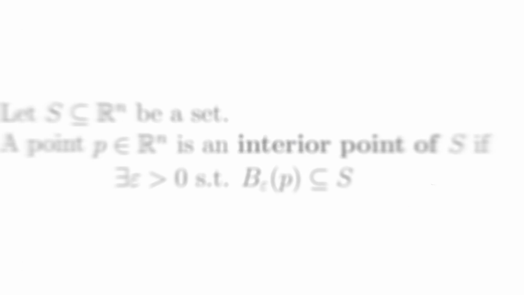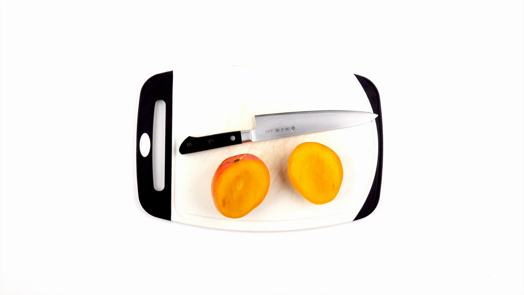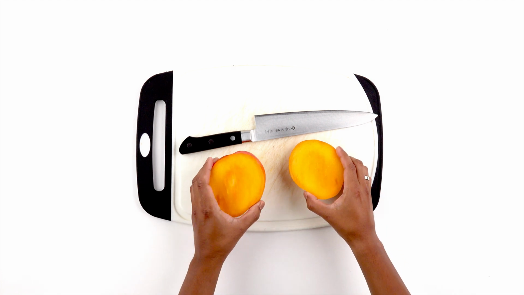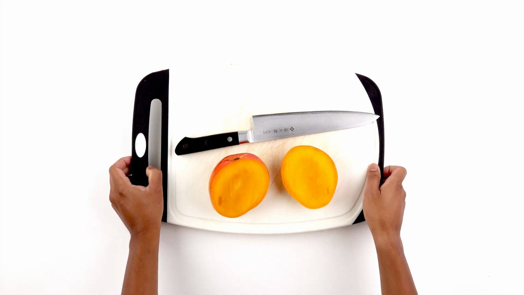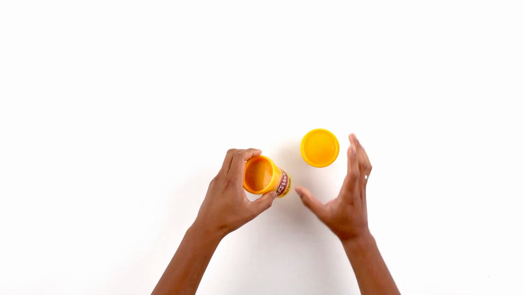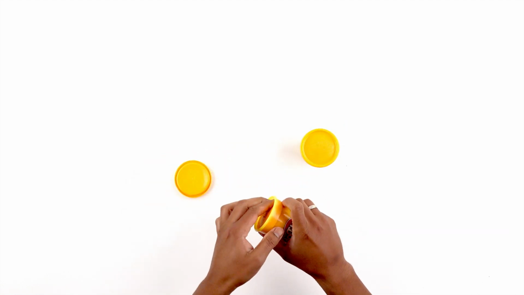Let's apply this definition to our mango. A mango is three-dimensional, but the definition will be easier to visualize with a two-dimensional model. This dough will be our two-dimensional mango.